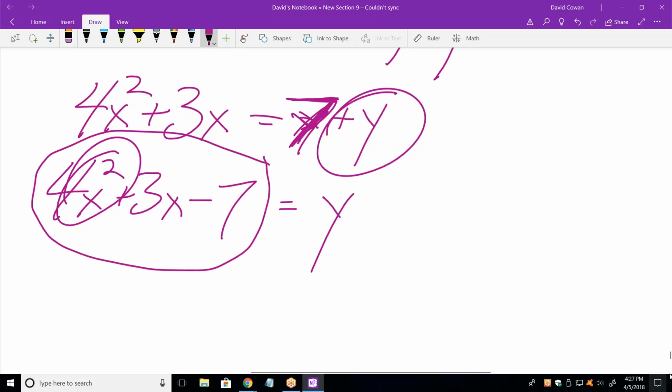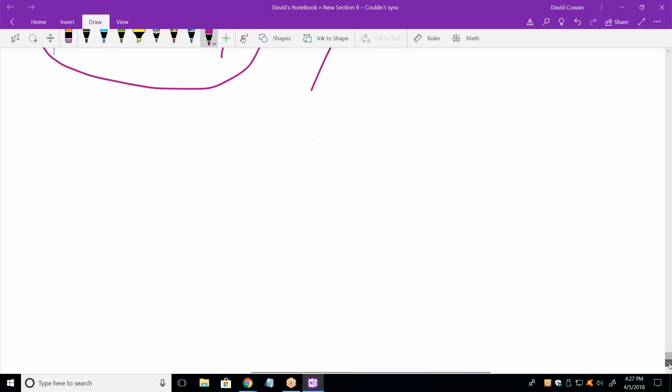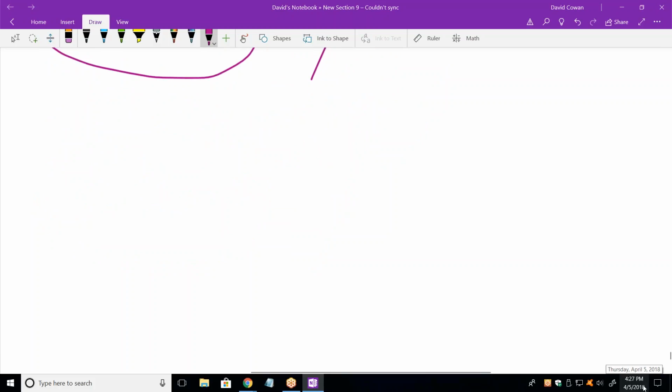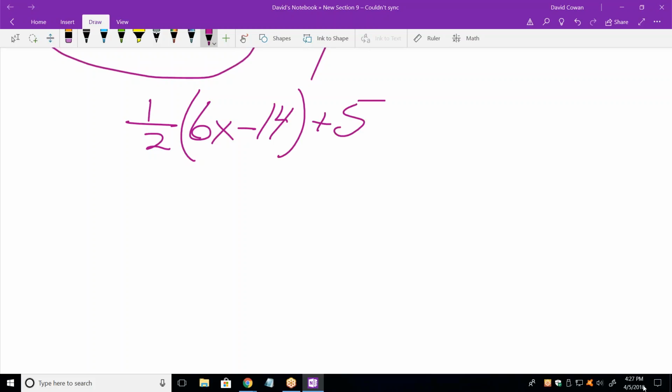It is a multiple choice question, and it asks which equations below are equivalent to 1/2 parentheses 6x minus 14 parentheses plus 5x equals 2 minus 3x plus 8.